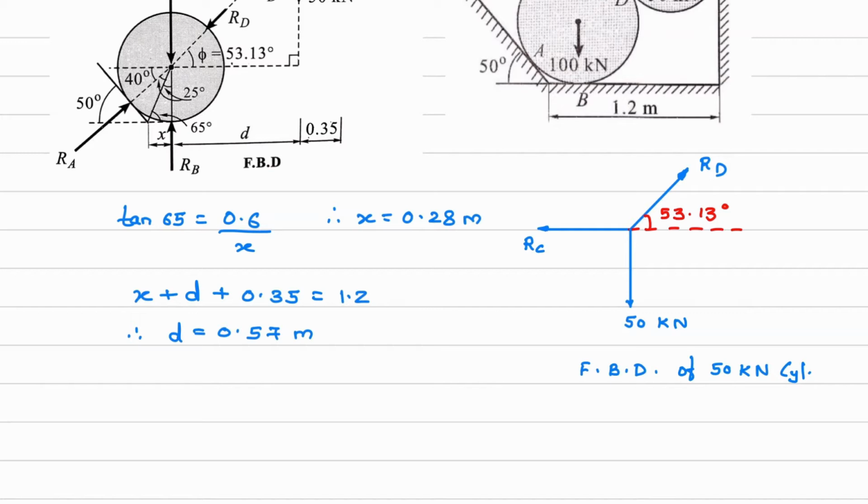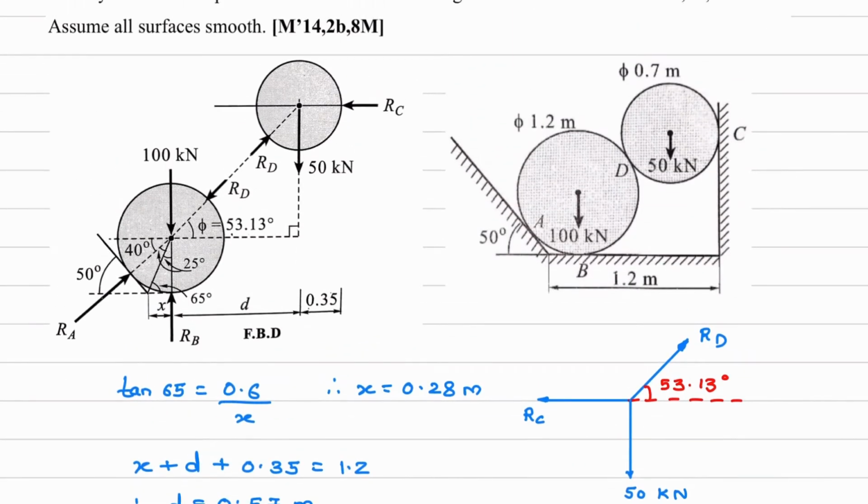Next, why are we calculating this distance? Because finally we want to calculate this phi angle, what this RD makes with respect to horizontal. In order to calculate this phi angle, we can consider cos phi equals adjacent, which is this d distance, upon hypotenuse.